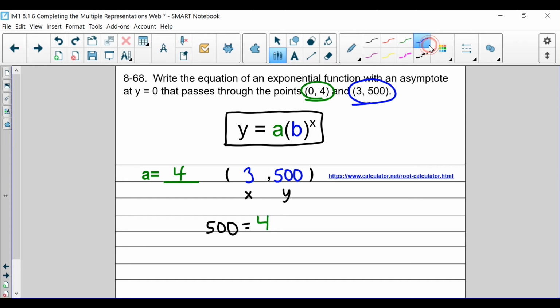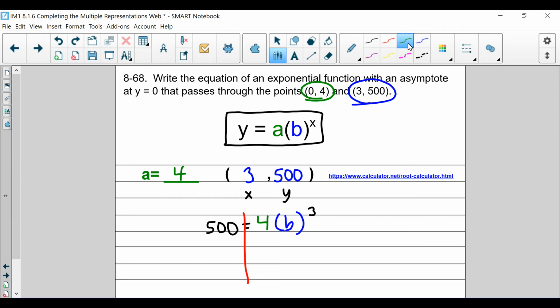Then we're going to go, okay, I don't know what b is, so I'm leaving it as a variable, but we do know that x value is 3. How do we know that? Because it's here. All I'm doing is using this point to substitute. So we put 3 there. Now we want to isolate the variable.